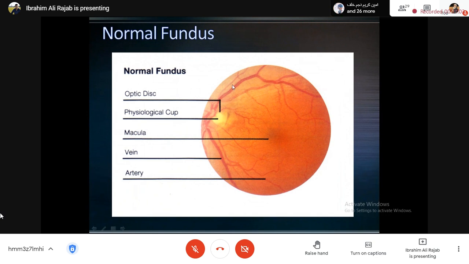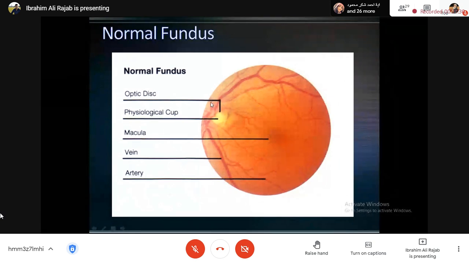In the retina, we have a layer called the nerve fiber layer. The nerve fiber layer sends its fibers in the direction of the optic disc, and all these nerve fibers, numbering 1.2 million, gather to form the optic nerve. The beginning of the optic nerve is called the optic disc.